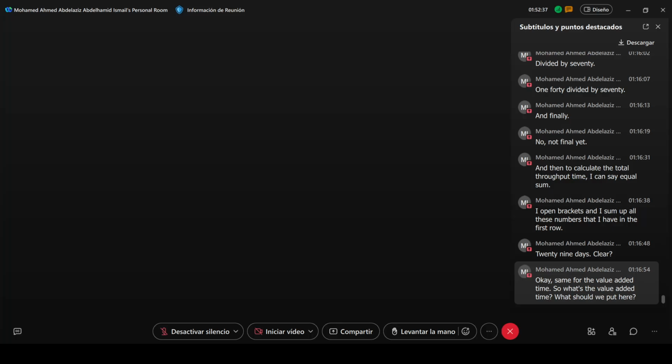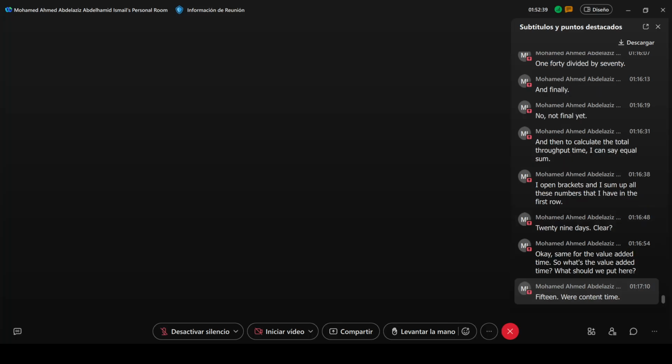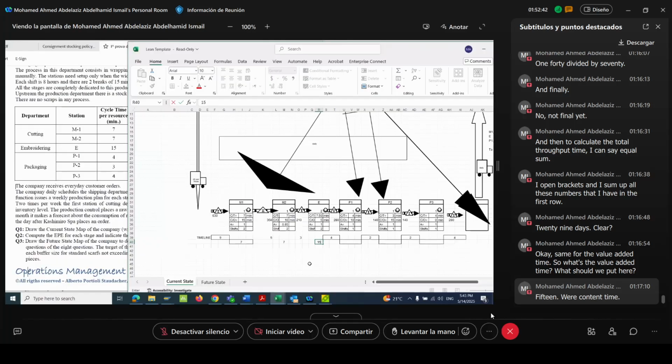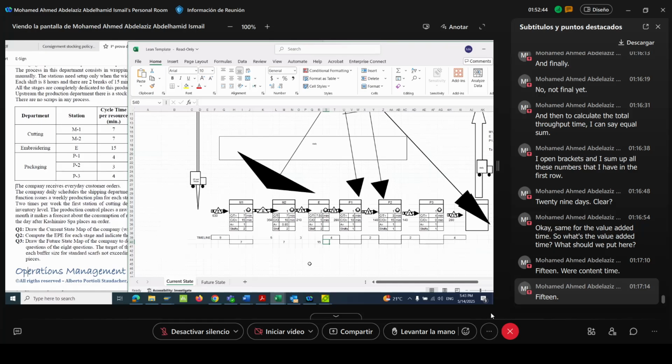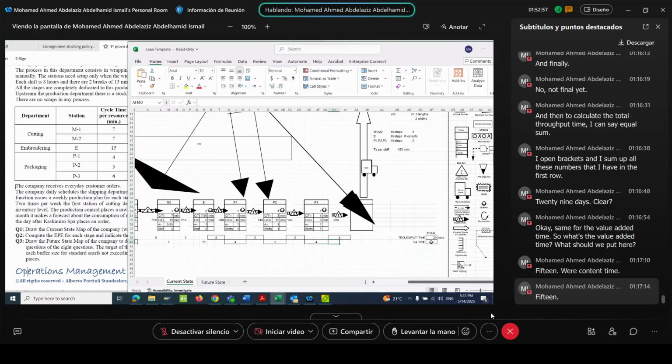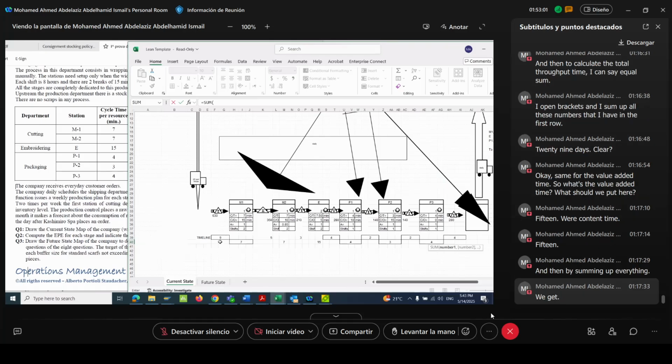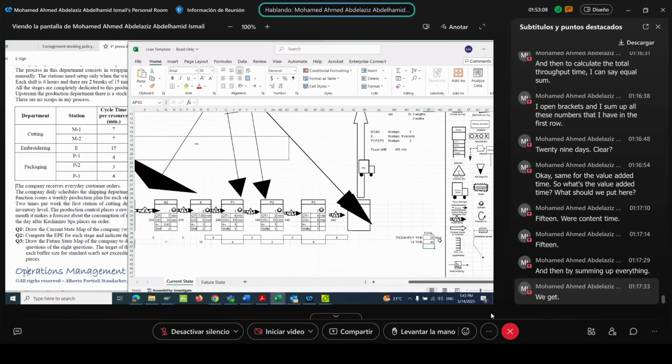Work content time. 15. 4, 3, 4. And then by summing up everything, we get the value added time in minutes.